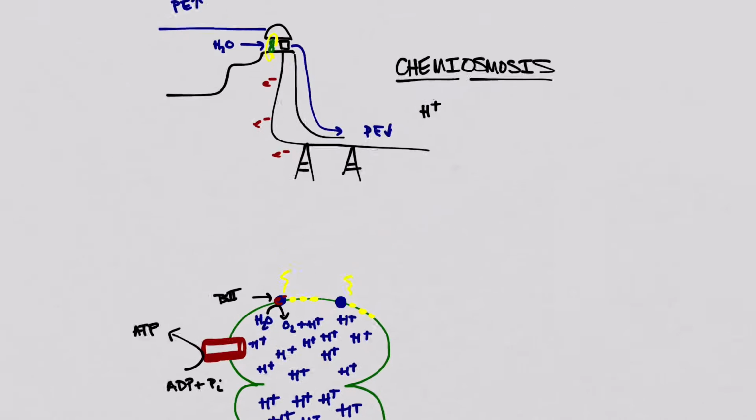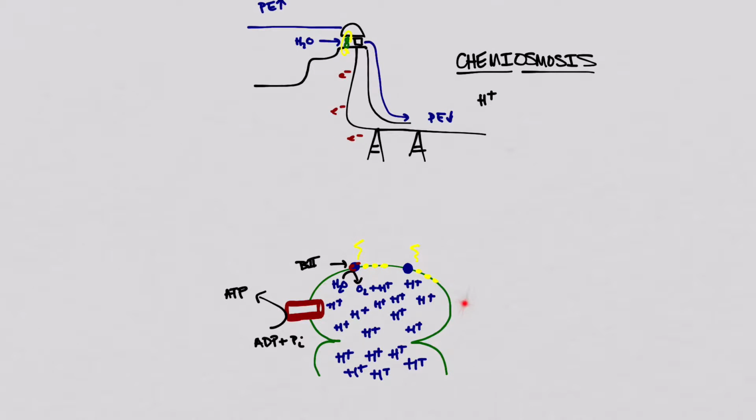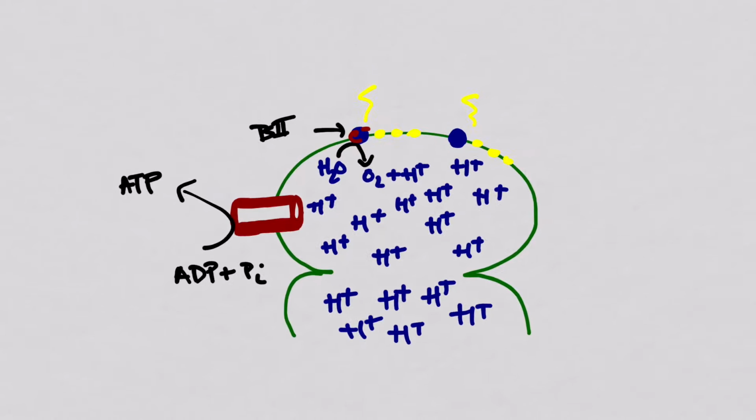So just like our hydroelectric dam, where we have a difference in potential energy of the water here as opposed to here, we have a difference in potential energy of hydrogen, and there's a pressure to move out. So hydrogen is going to diffuse down its concentration gradient outside of the thylakoid.